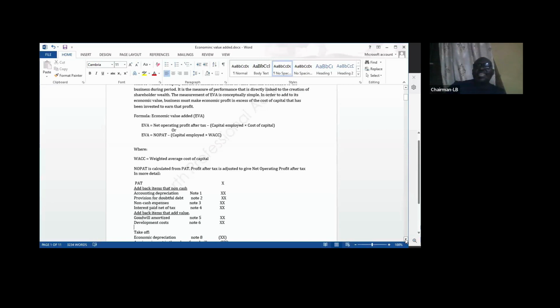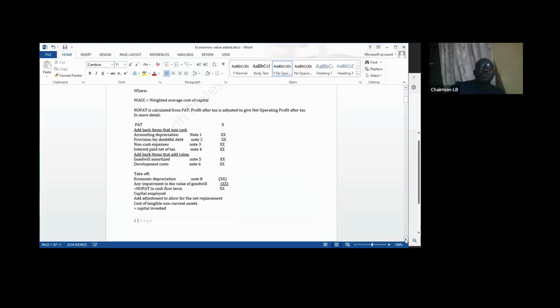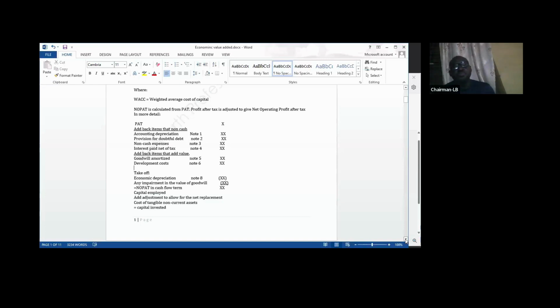Then the following items should be deducted. One, economic depreciation. Less economic depreciation and less any impairment in the value of goodwill.